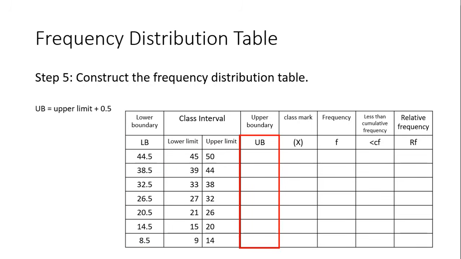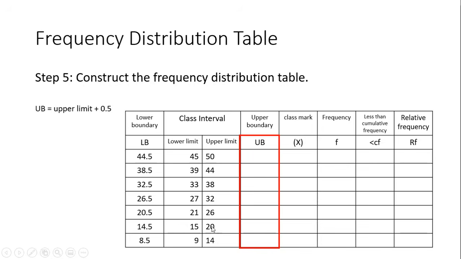Next is for us to compute for the upper boundary. For the upper boundary, instead of subtracting 0.5, we will now add 0.5 to our upper limit. Okay, so this will be our base figures. So you have upper limit, so 14 plus 0.5, you will be having 14.5.